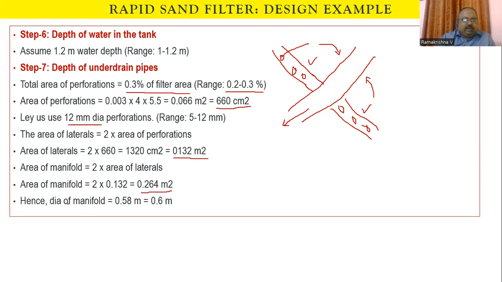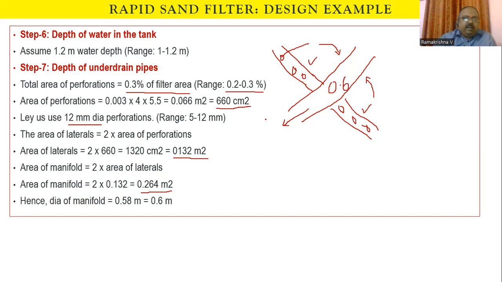So when you calculate the diameter for this area, it comes out to be 0.58 meters or 0.6 meters. So the diameter of this particular manifold is 0.6.